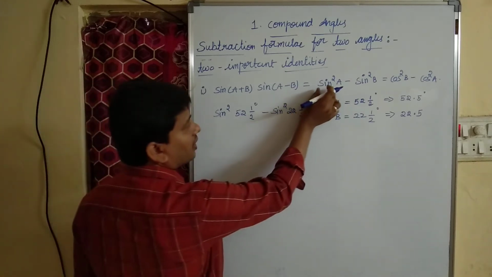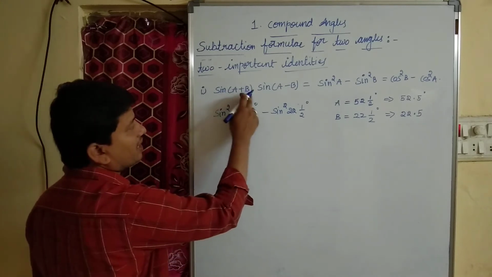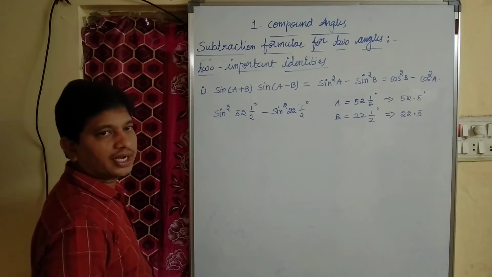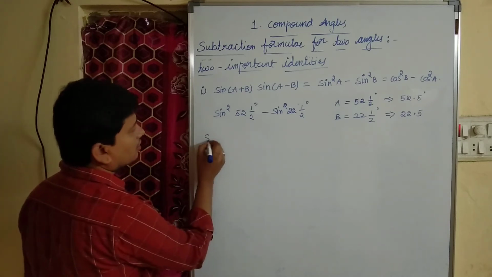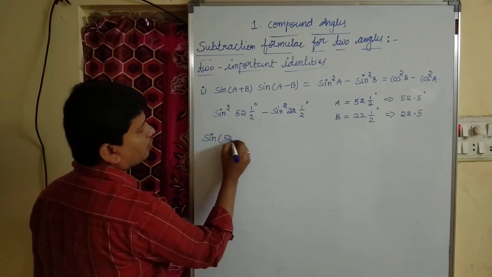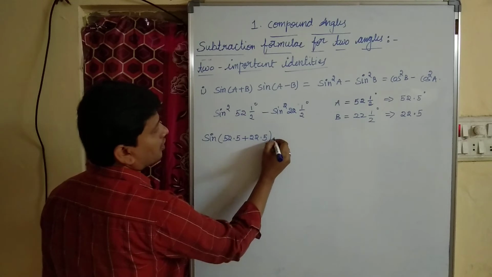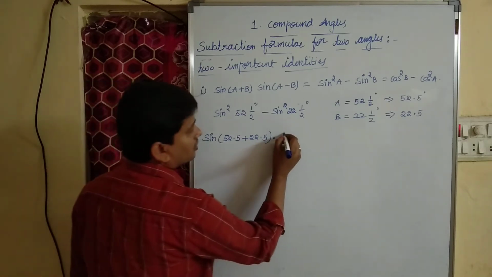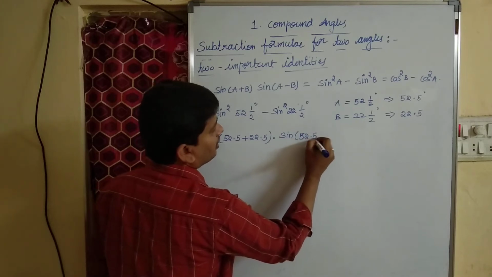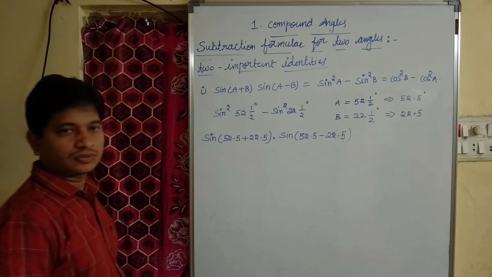So as we know, sin square a minus sin square b is sin (a plus b) into sin (a minus b). Right? So sin (a value 52.5 plus b value 22.5) into sin (a value 52.5 minus b value 22.5).